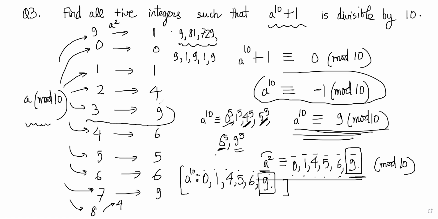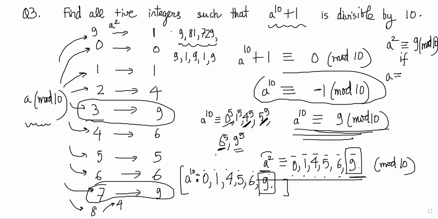When a was 3 mod 10 or when a was 7 mod 10, right? So what I'm saying is a square is 9 mod 10 if a is 3 or 7 mod 10, right? And if a square is 9 mod 10, a power 10 is also 9 mod 10.